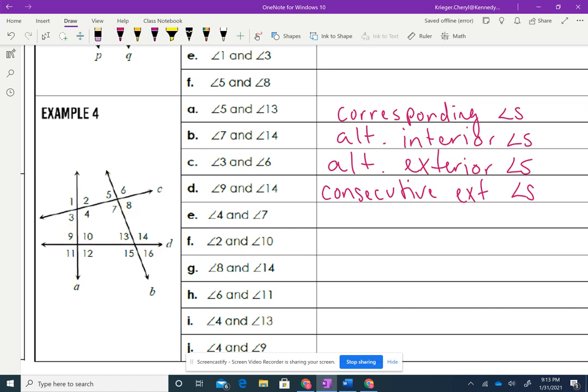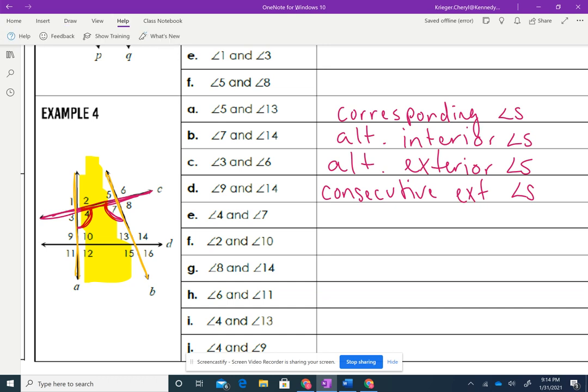All right. 4 and 7. All right, they're both connected to C. That makes C my transversal. They're also both attached to A and B, so those are my two lines. And they're on the interior of A and B, right? Same side, interior, right?